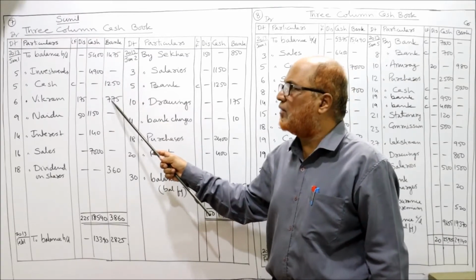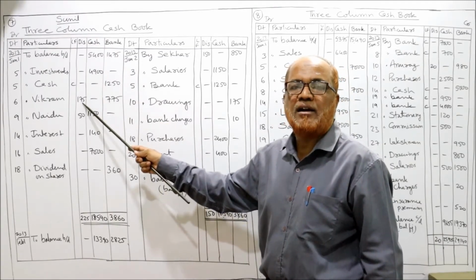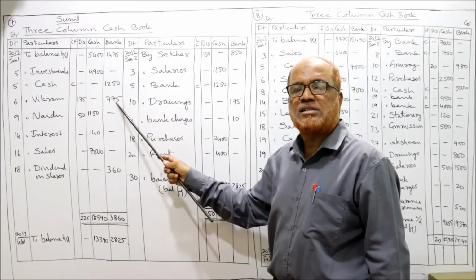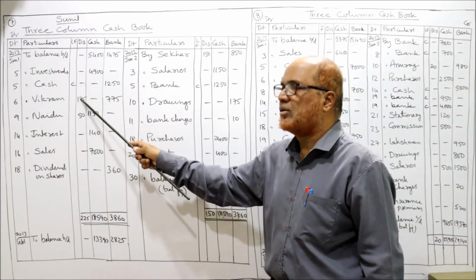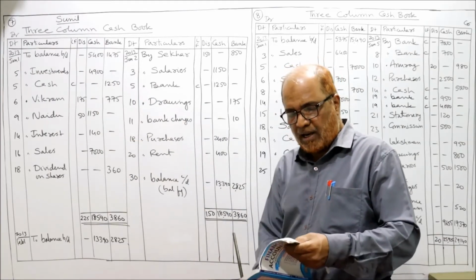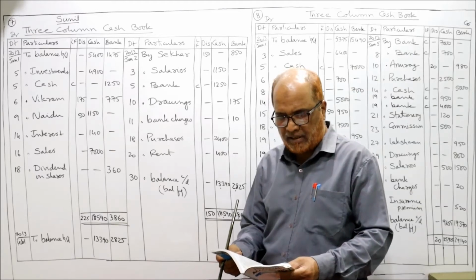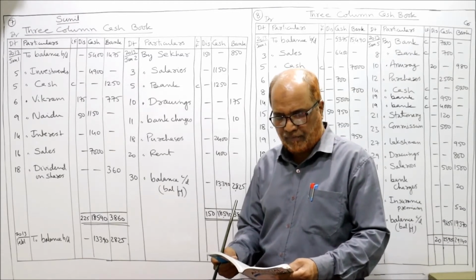How much discount we are allowing? 175, because 950 rupees we have to receive, we have received only 775. So 950 minus 775, 175 discount. So 6th January over.